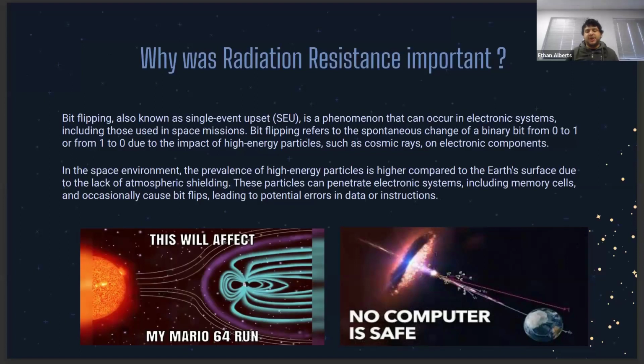These particles penetrate the electronic systems, including memory cells, and can occasionally cause bit flipping, leading to potential errors in the data. There are two very famous incidents of bit flipping on Earth. One was a Mario 64 speed run that caused the fastest speed run in the world, and to my knowledge, no one's ever been able to break it.